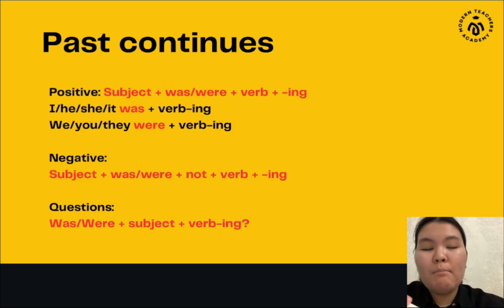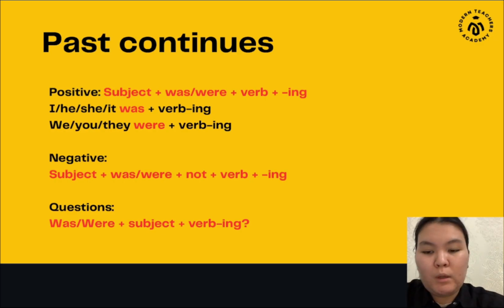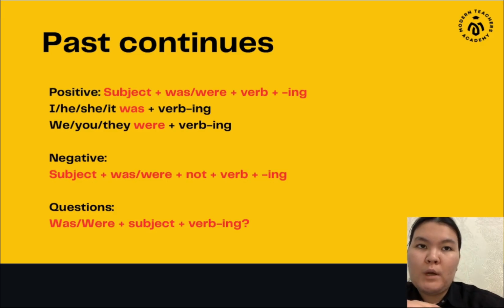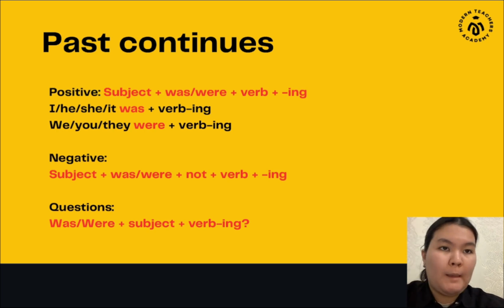And also how we make the negative sentence of the past continuous. First of all, we start with the subject as always, then was or were. We use was with I, he, she, it, and were with we, you, they.